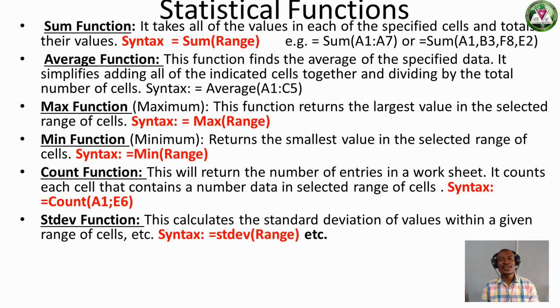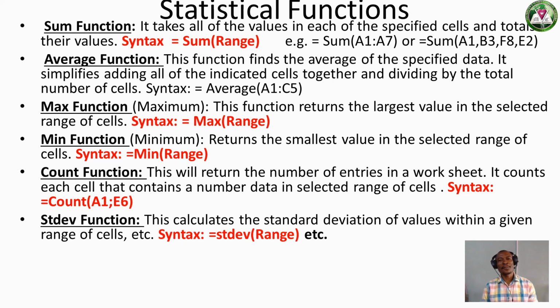Now, how do you use the sum function? The syntax for sum function is equal to, that is, you put the equality sign, then sum, you put your bracket, range. In our previous lesson, I told you what cell range is all about.